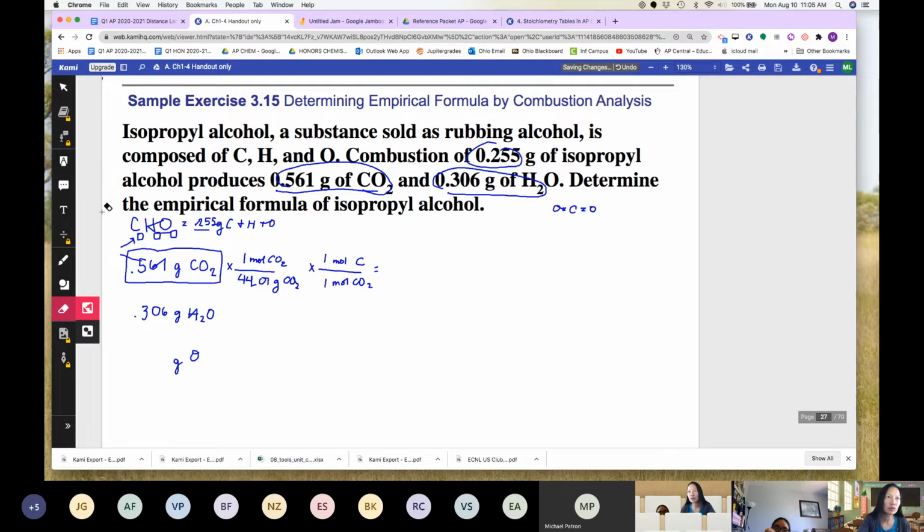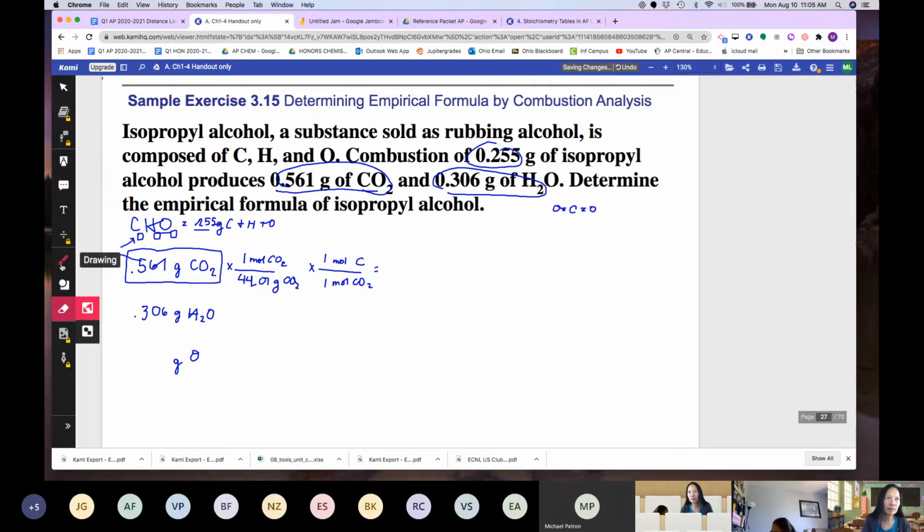So tell me that in moles. It's 0.0127 moles. Moles of what? Carbon. Yes. Okay, so we're close. We got one. Now we're going to do the H's. Go ahead and do this yourself. Let's see if you do it right.